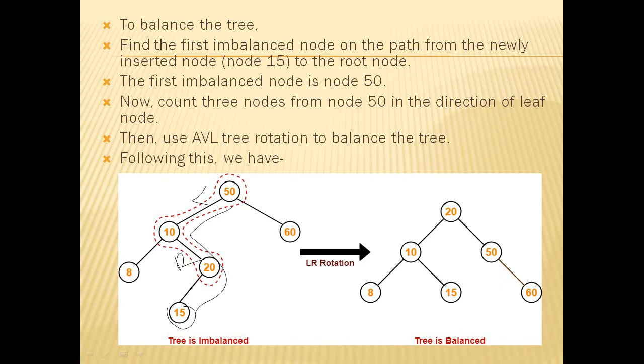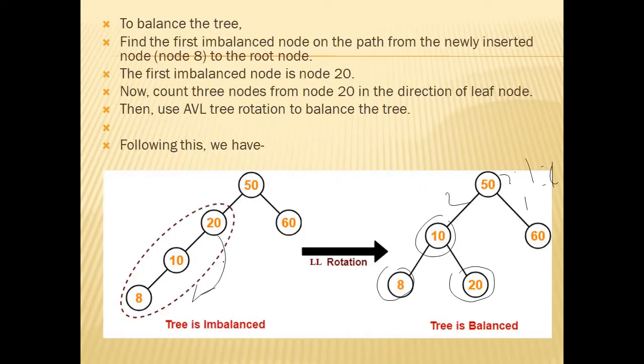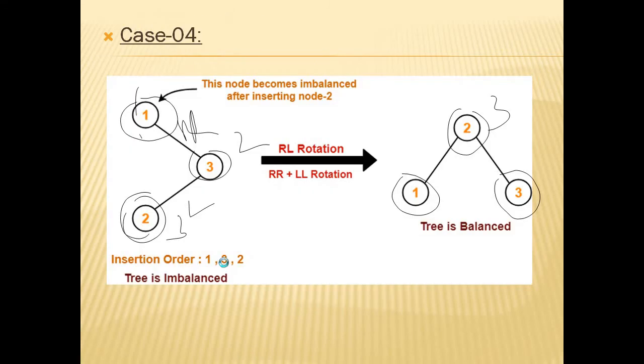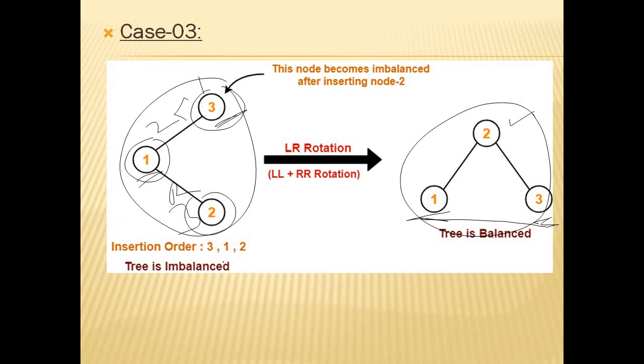So this is the first node, this is the second one, this is the third one. Already we know that the third node will become the root node. What we observed here is LR. So the third node will become root, second will become left and first will become right.